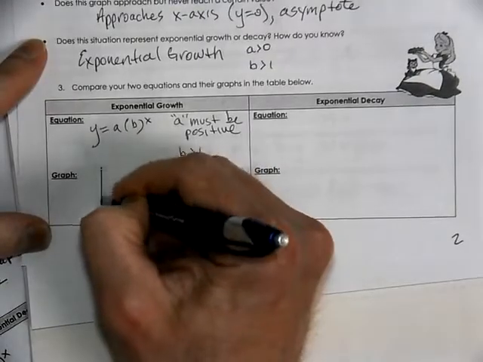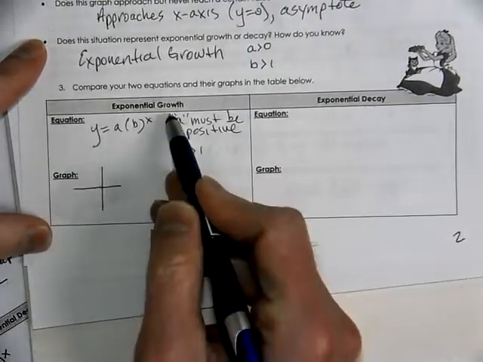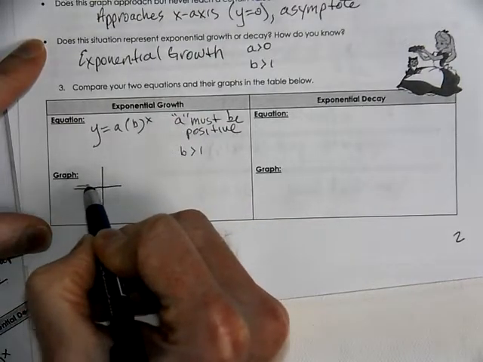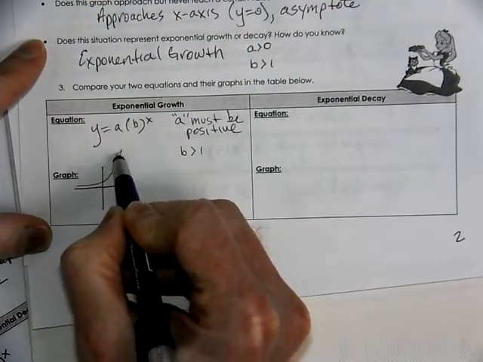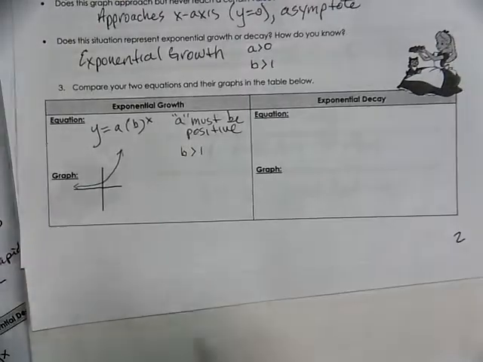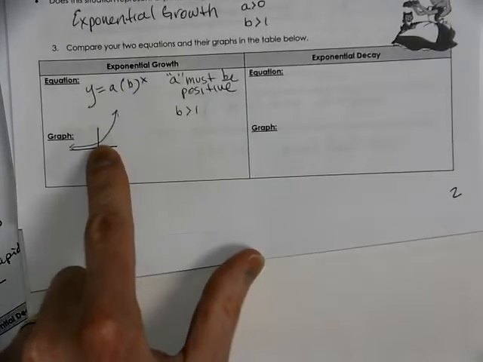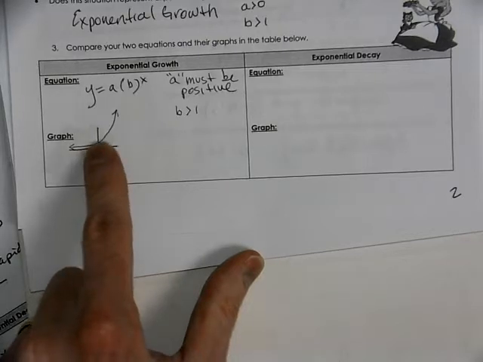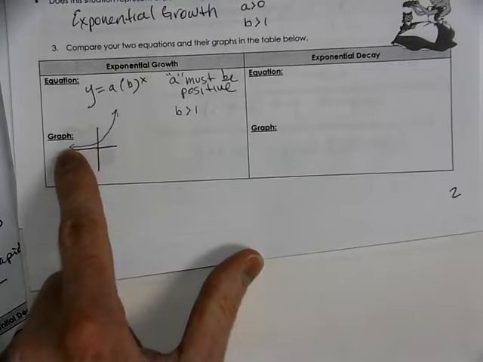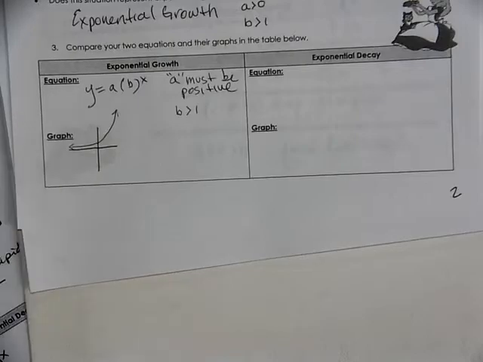The graph of an exponential growth is always going to curve upwards to the right. Mathematically, it does continue here in the second quadrant as we get closer and closer to the x-axis, but we never hit it.